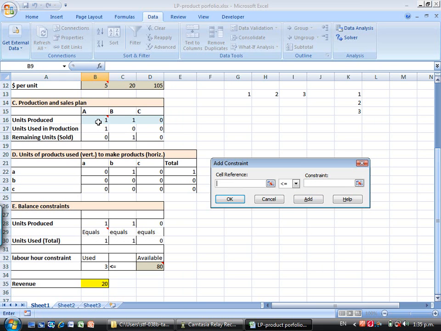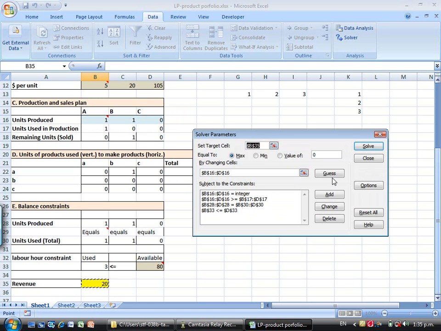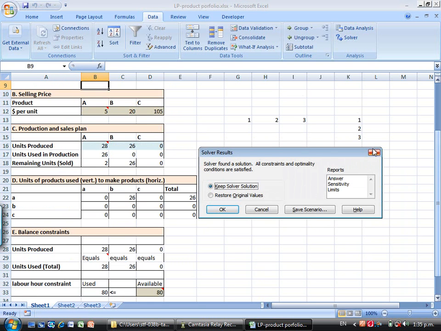What we're going to say up here is the units produced must be greater than or equal to the units in production. And if we don't do that, Excel will come up with some funny figures for us.